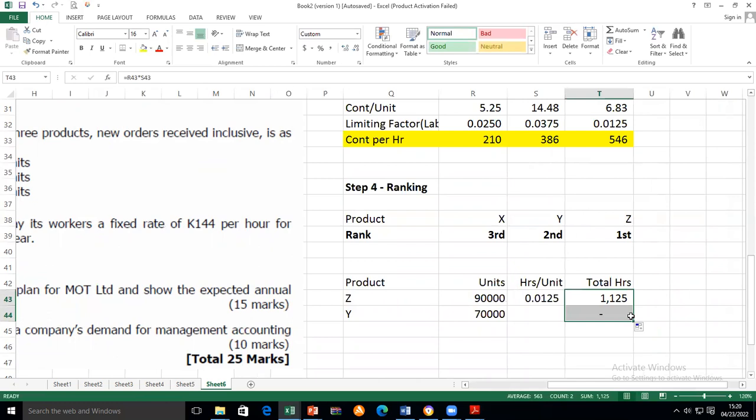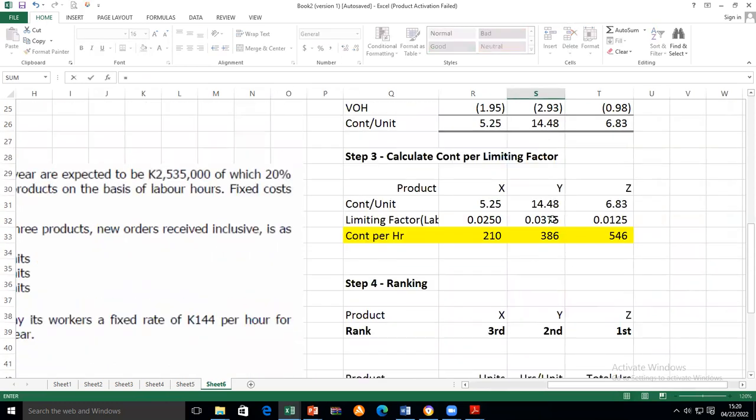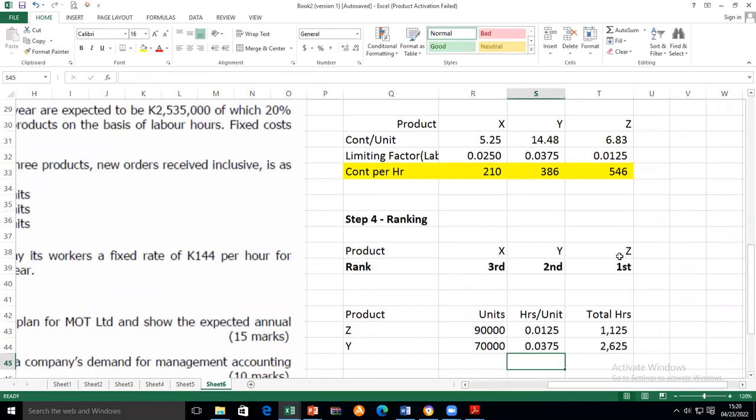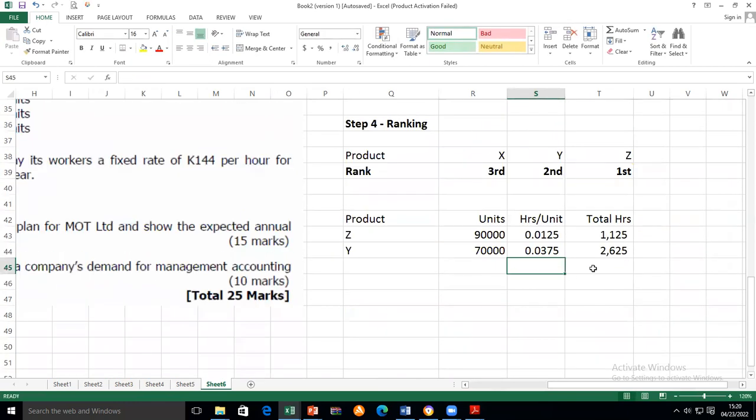Per unit, 2625. So we go now to X. Total is 65.